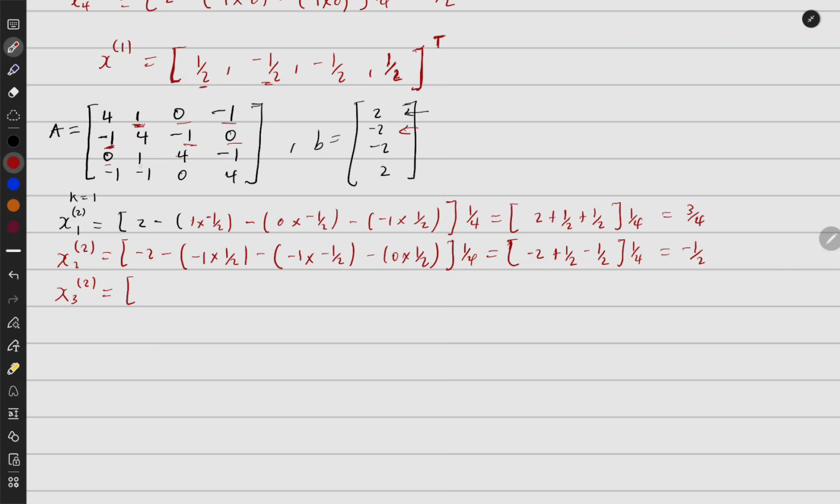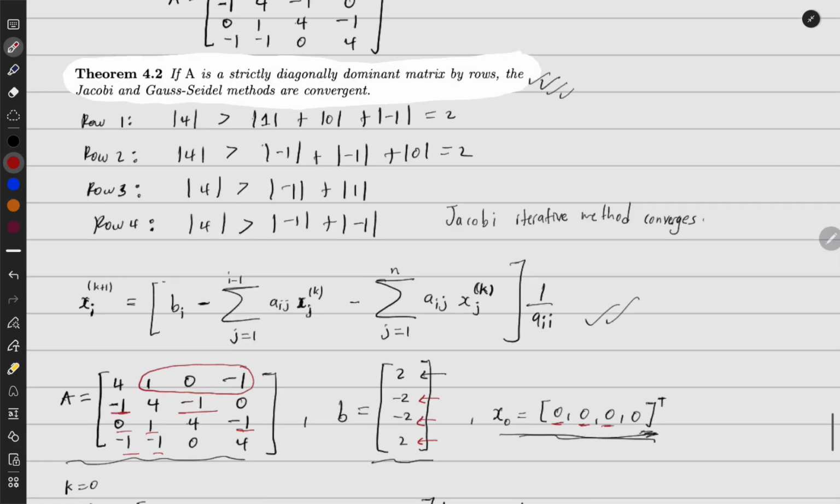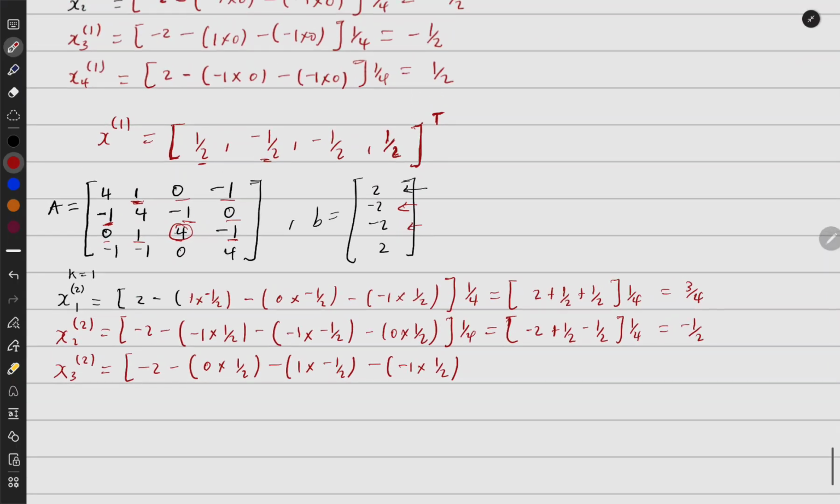Then x3: now I use this and that, ignore this, use this, ignore that. So this is negative 2 minus 0 times the corresponding value, 1 times the corresponding value, negative 1 times the corresponding value.